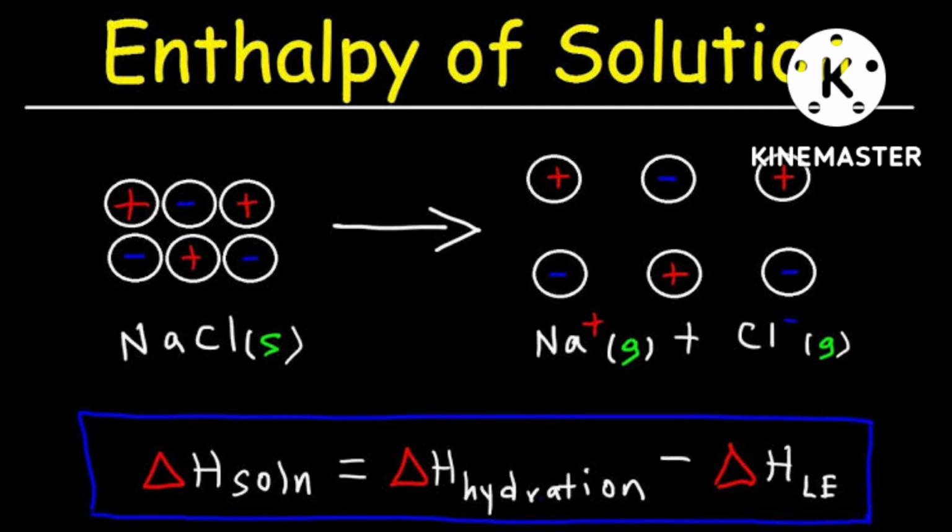Here, if you add all and apply Hess's law of constant heat summation, then you will get the total heat involved in this process.